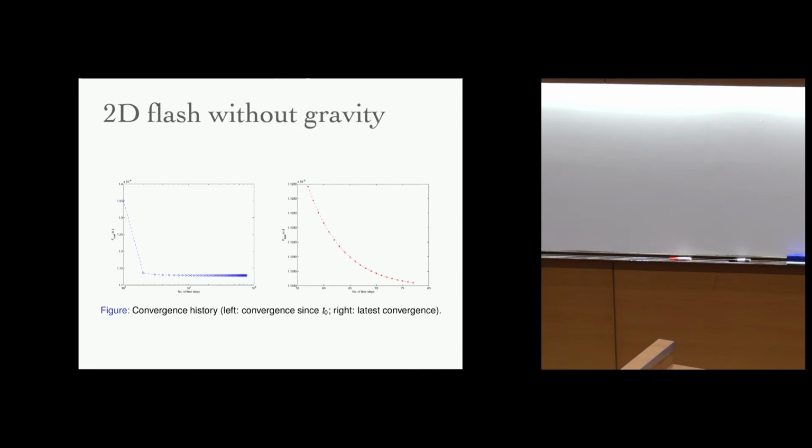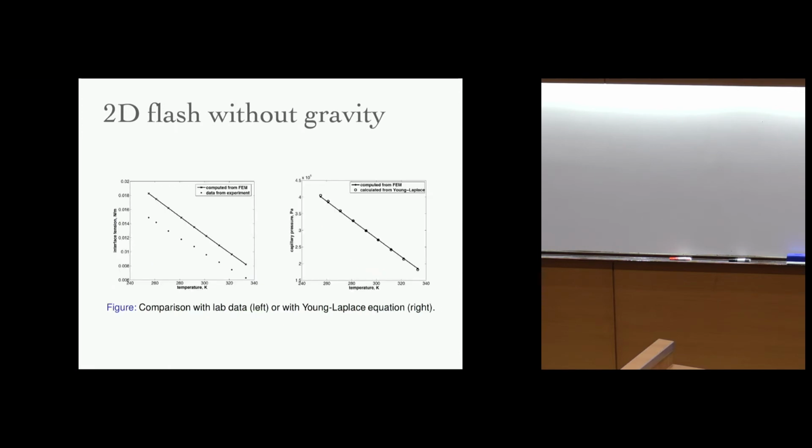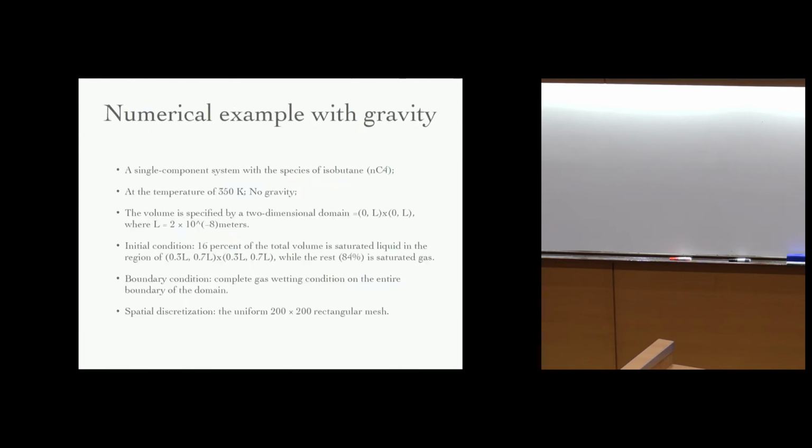So this verifies our results, and we also compared with the experimental data on interfacial tension, and our computed one is very close. I think some error here is from the parameter error, not the numerical error. We can also compare the Young-Laplace equation from the finite method, which is almost the same.